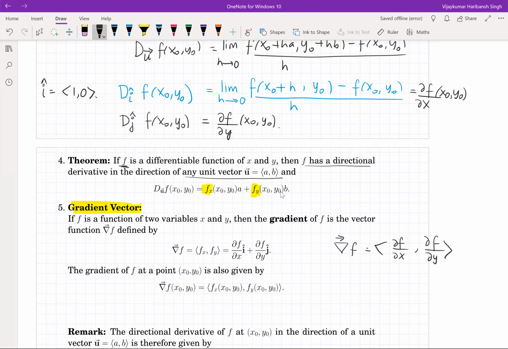So the gradient is itself a vector function. Similarly, we can define the gradient at a point x naught, y naught by substituting x naught for x and y naught for y, that is, evaluating your function at x naught, y naught.